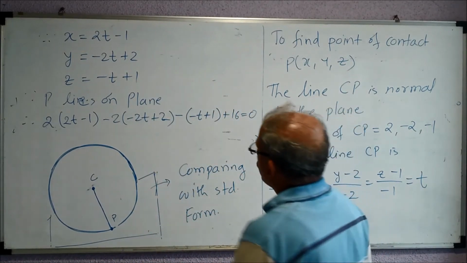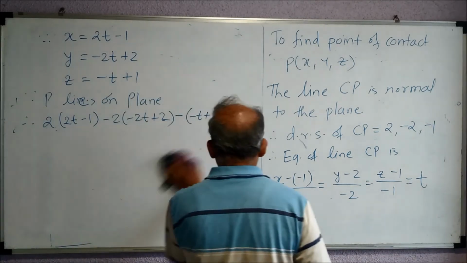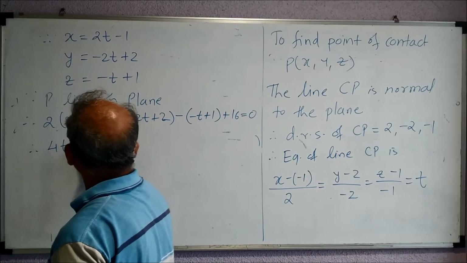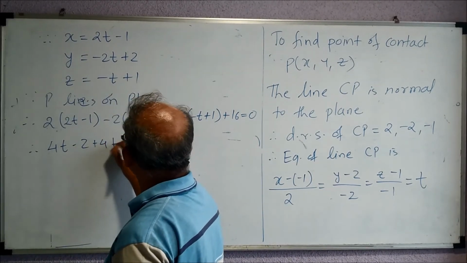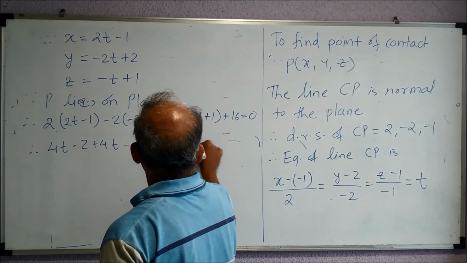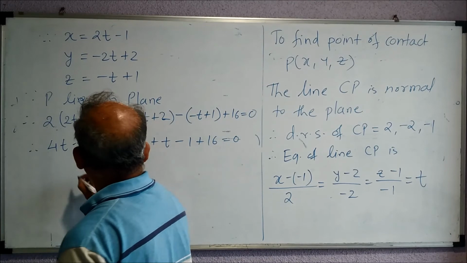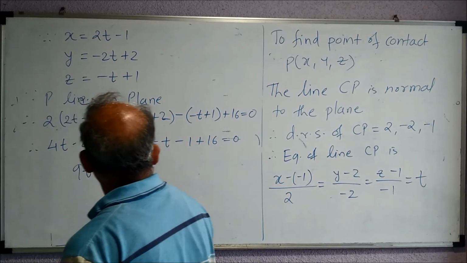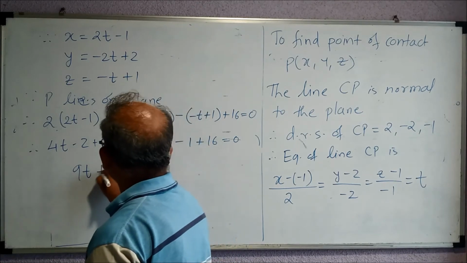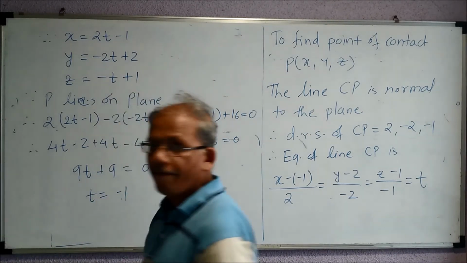Okay, so now if we simplify this, we'll get a value of t. So therefore 4t minus 2 plus 4t minus 4 plus t minus 1 plus 16 equal to 0. So 9t plus 9 is equal to 0. So t equal to -1, right?